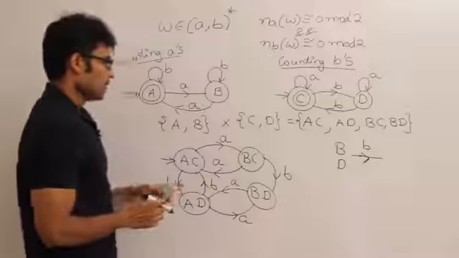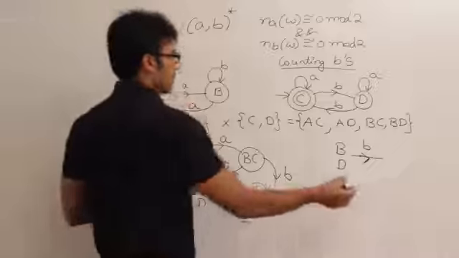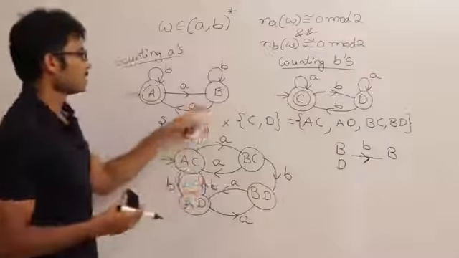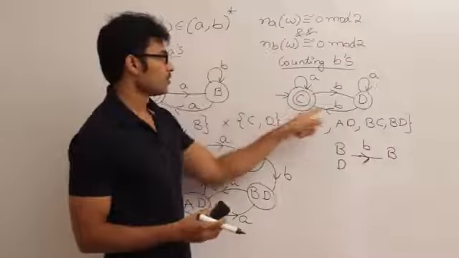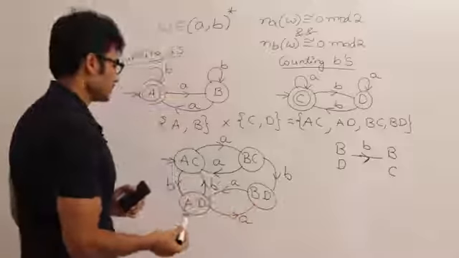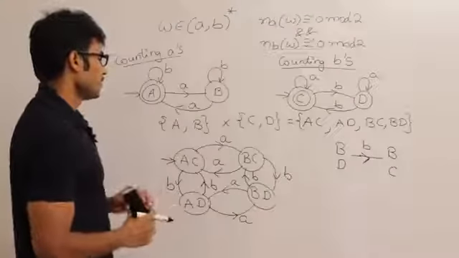Look at this. BD on small b is going to B itself, capital B, and D is going to C. So BD on small b is going to BC. So that is how I fill it up.